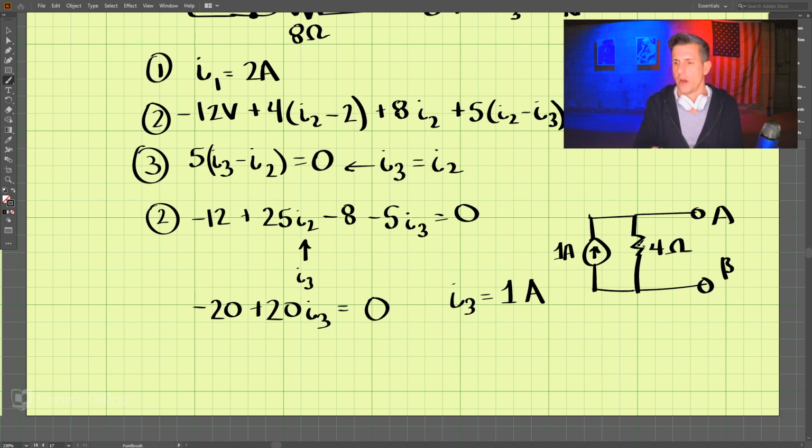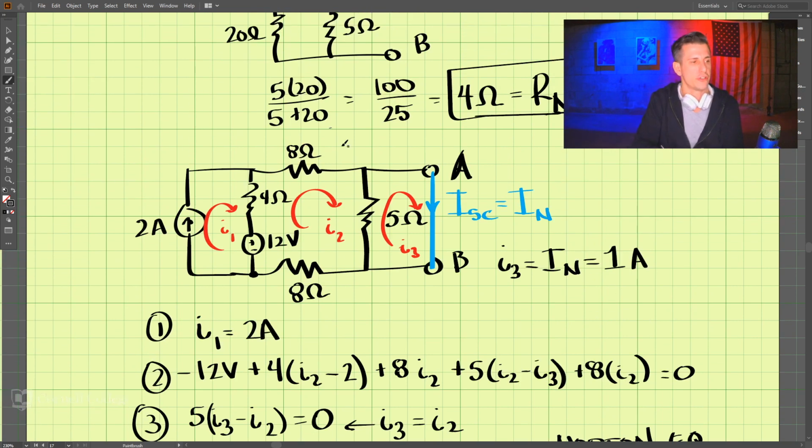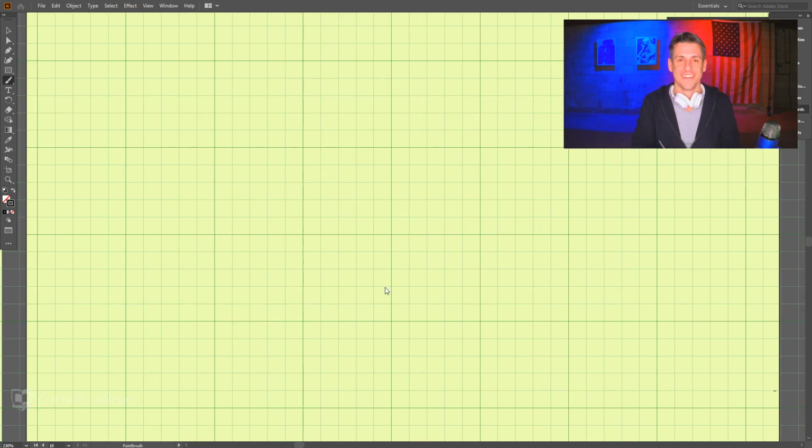So this is our solution here to find our Norton equivalent. So these two circuits are the same here. So that is an example of doing a Norton equivalent with no dependent sources, only independent sources.